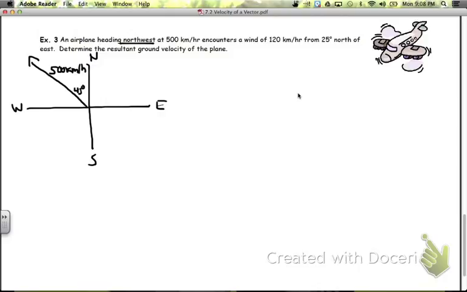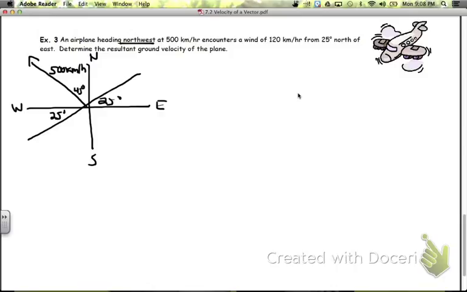Another thing it tells me is that it encounters a wind of 120 kilometers per hour from 25 degrees north of east. So we have our wind here, and this here is our 25 degrees. Since we know that is 25 degrees, this therefore would also be equal to 25 degrees.